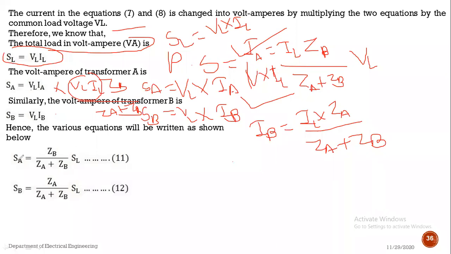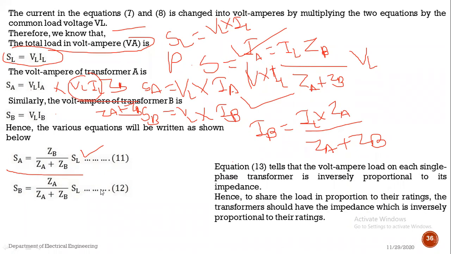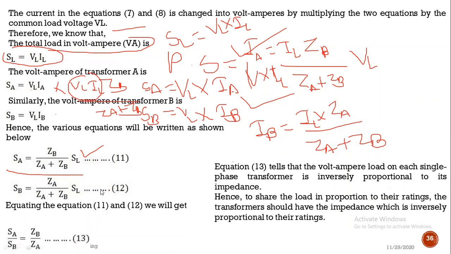So see, the equation becomes SA is equals to ZB divided by ZA plus ZB into SL. Similarly, SB is equals to ZA divided by ZA plus ZB into SL. Okay, so 11 and 12 number equation is nothing but load share or kVA rating of each and every transformer.